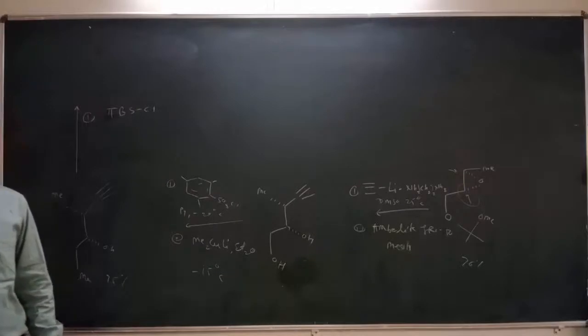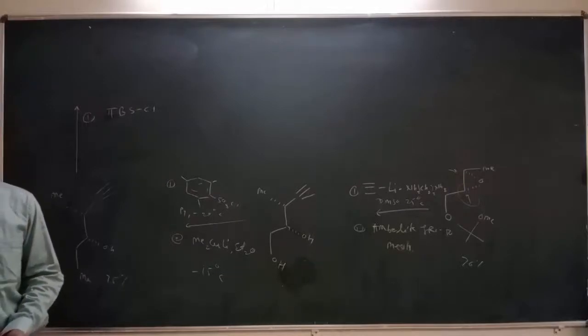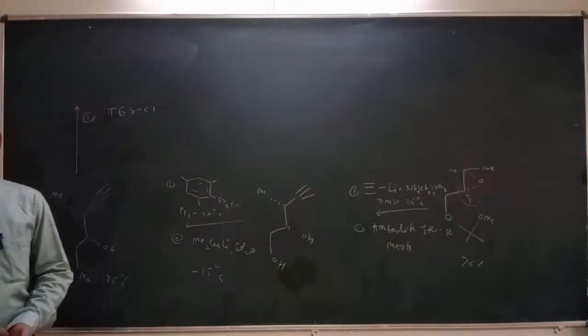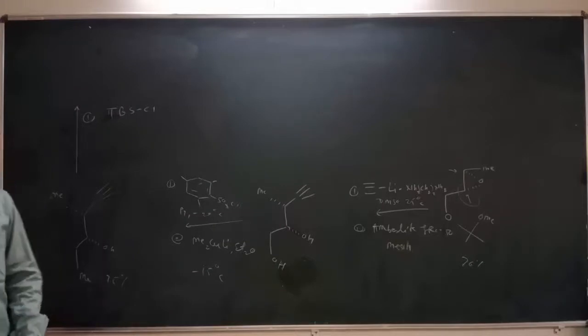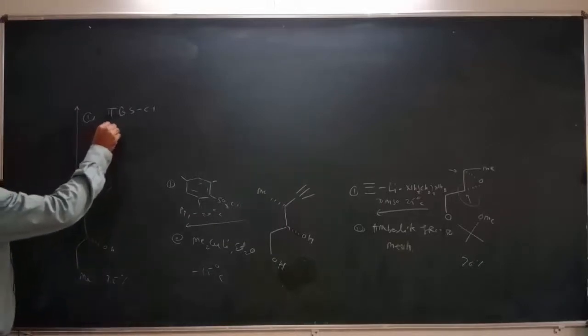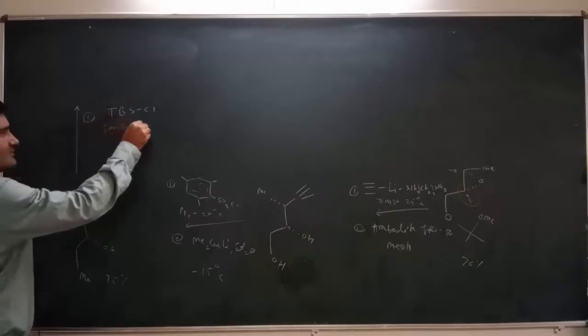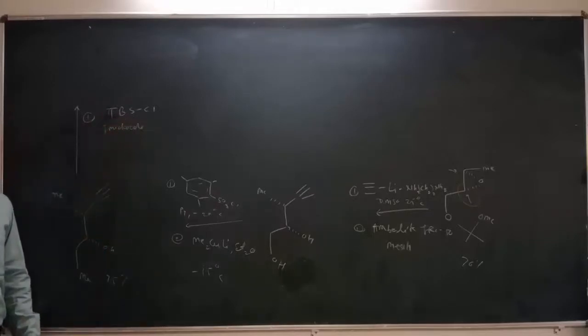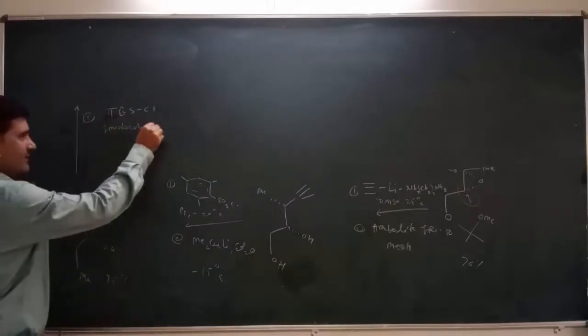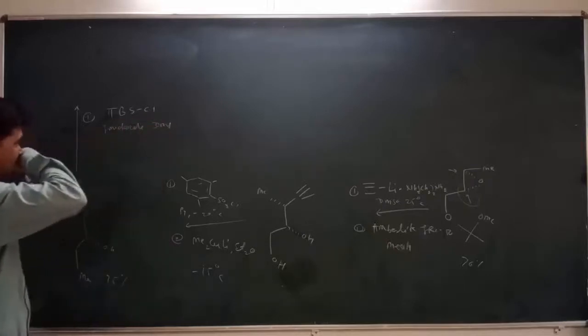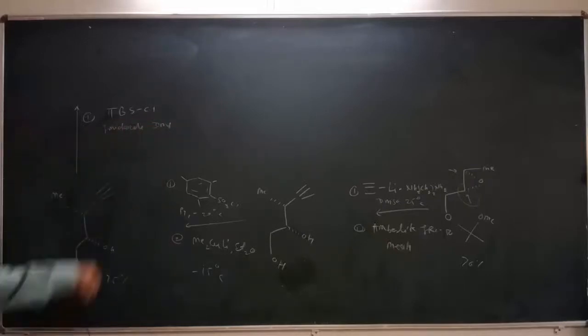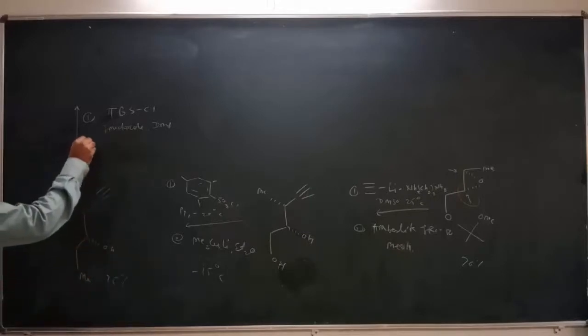So we can protect this alcohol by using tertiary butyl dimethyl silyl chloride with a base, that is imidazole, and in presence of solvent, that is DMF. So what happened? This tertiary butyl dimethyl silyl chloride will react with this alcohol, and it will protect this alcoholic functional group.